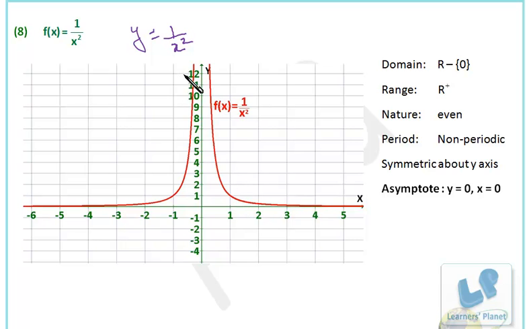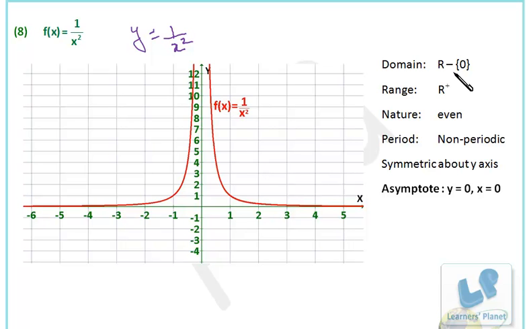Apart from that, if x is negative or x is positive, y will always be positive, right? So we don't have any portion of the graph below the x-axis, that we can see. So whether x is negative or positive, in this quadrant x is positive, in this quadrant x is negative, but in both cases y is positive.